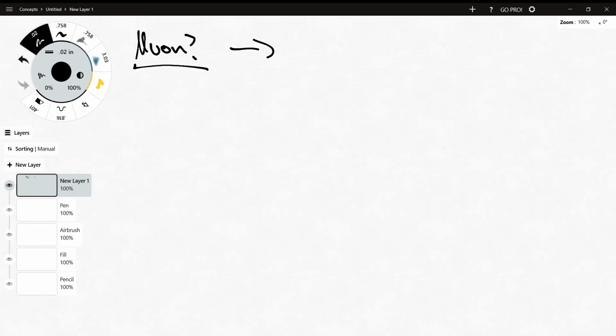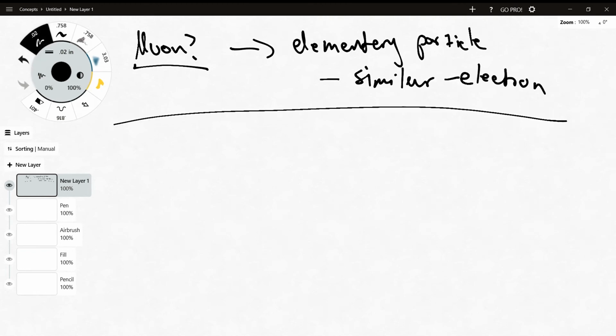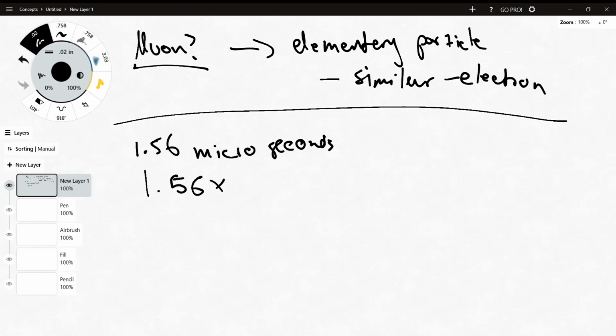A muon is an elementary particle similar in nature to the electron. It has a half-life of 1.56 microseconds, or 1.56 times 10 to the minus 6 seconds.